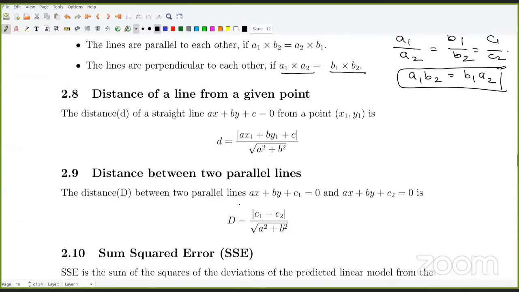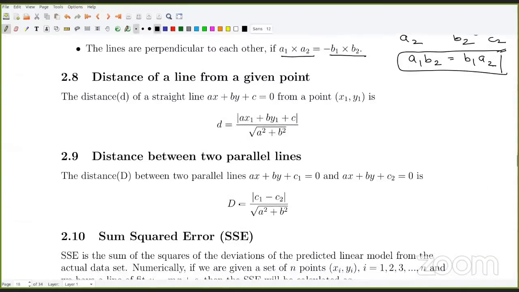These are some small things. You just have to have the formulas with you: distance of a line from a given point and distance between two parallel lines. The distance d of a straight line from a point (x1, y1) is given like this. You substitute that point in the given equation and put it in the numerator, take the modulus and divide it by square root of a square plus b square.